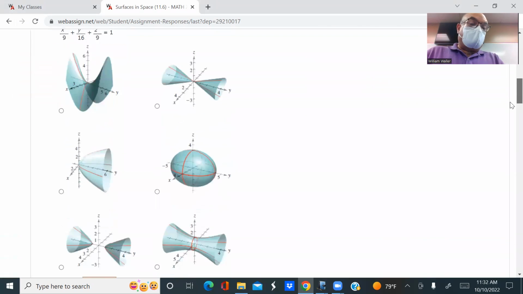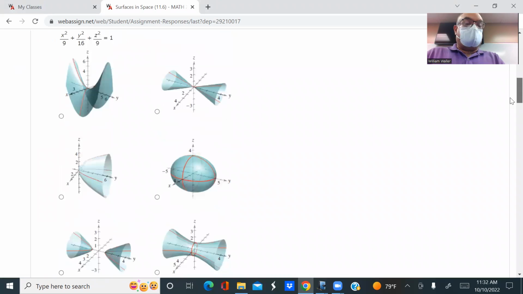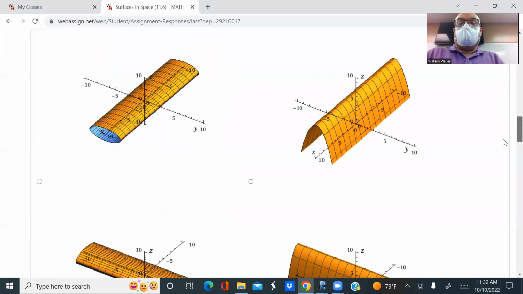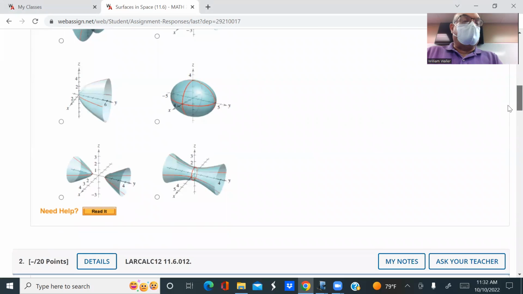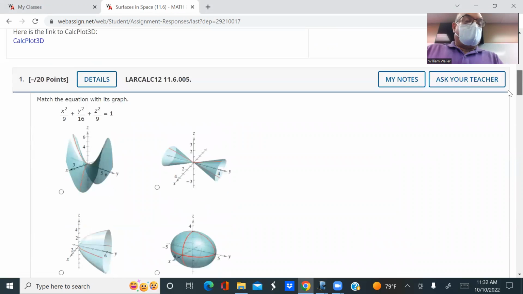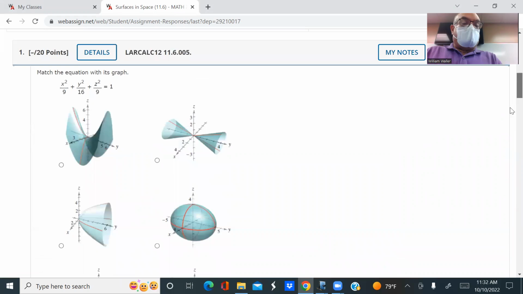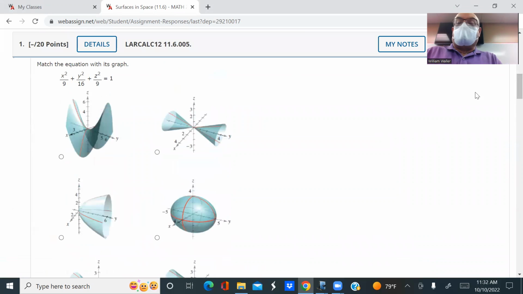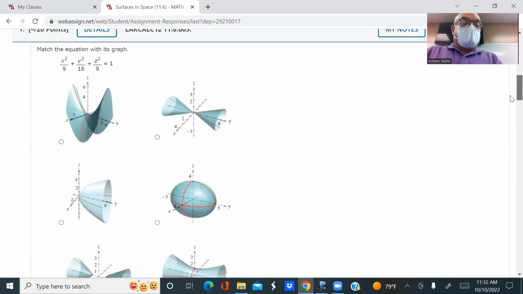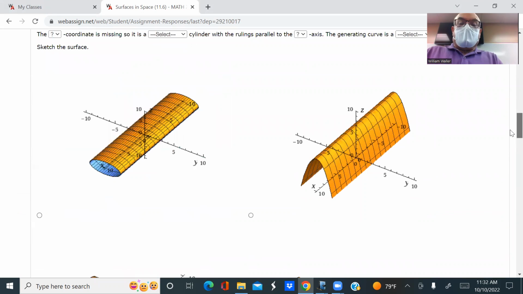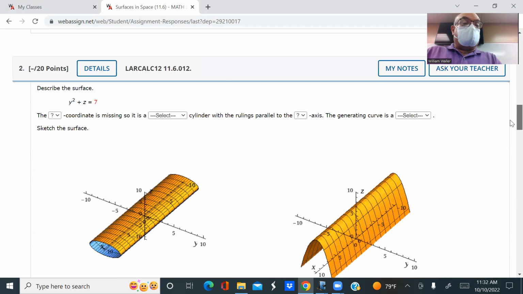And so Wolfram may also make a decent enough graph that you can identify, from this multiple choice, what the correct graph is. Some of these are not quadratic surfaces, though. This is a quadratic surface, but some of them are what are known as cylinders, right?